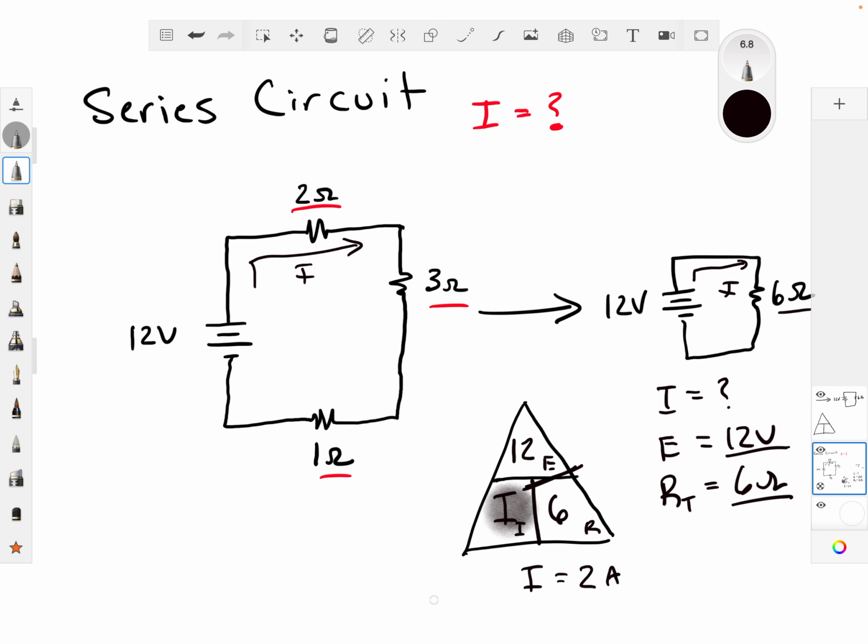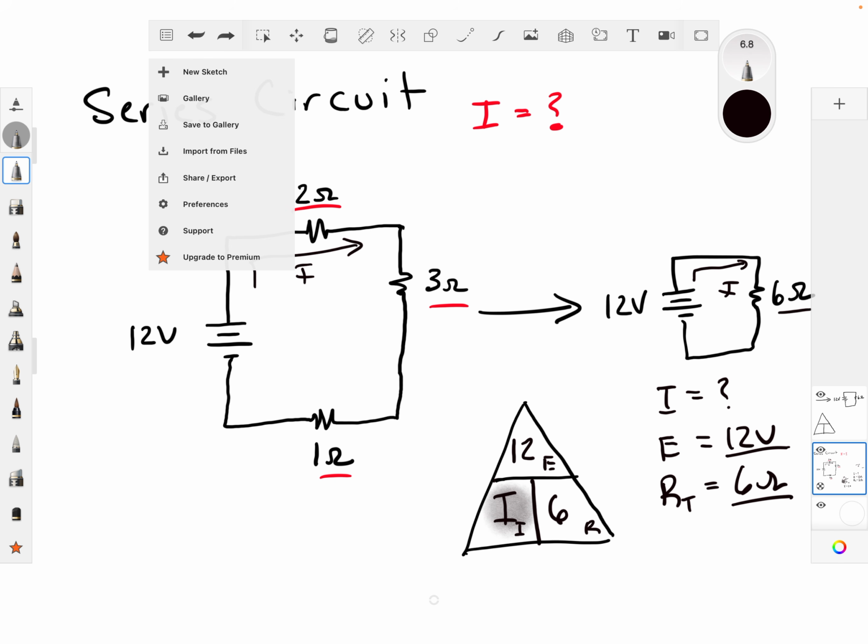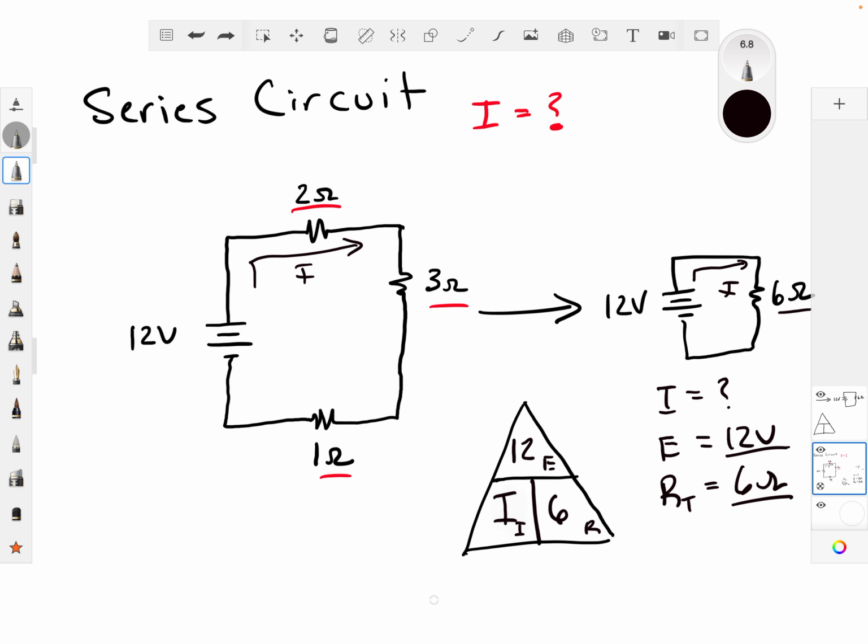So to use this triangle, basically, whatever you're missing, you just cover with your finger, right? And you will just divide the two. If whatever you're missing is at the top, so basically, if I'm missing the resistance and I have the voltage and the current, I just cover up the resistance with my finger, and I'll divide the voltage by the current.